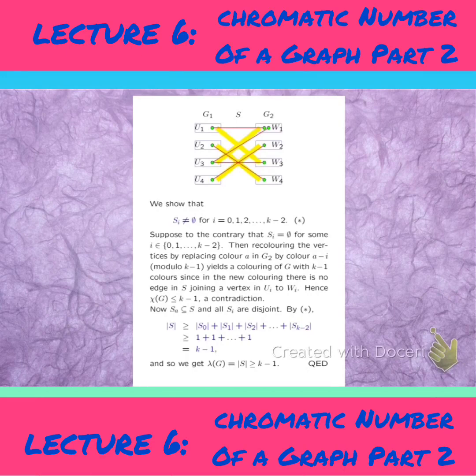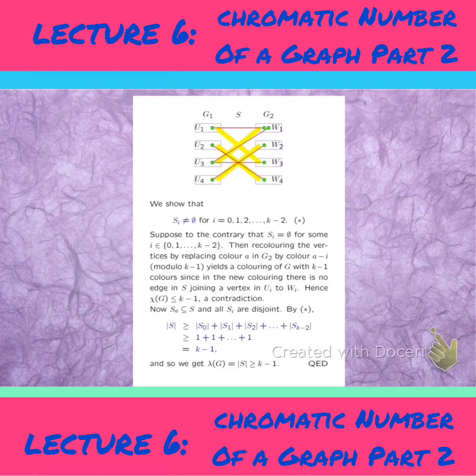Then you look at the edges between U3 and W_{3+2} mod 4. 5 mod 4 is 1, so you're looking at the edges between U3 and W1. There you've counted another edge. And lastly, you're counting the edges between U4 and W_{4+2}. 4 plus 2 mod 4 is 2, so you're counting the edges between U4 and W2. There you've counted another edge. So in total, you've counted 2 edges.